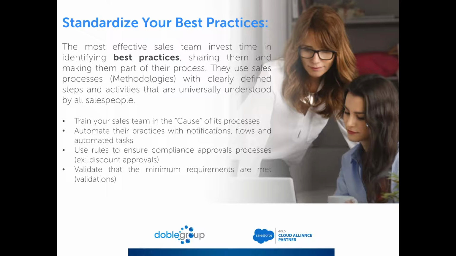Also validate that minimum requirements are met. We might not get too fidgety about a $2 deal. But if it's a big deal, you want to make sure that the few things that you know are most important in closing a deal are met.